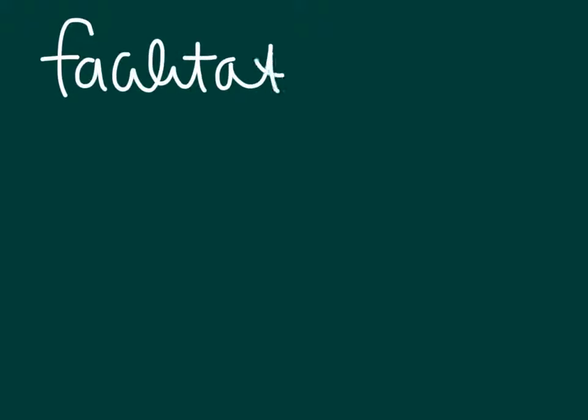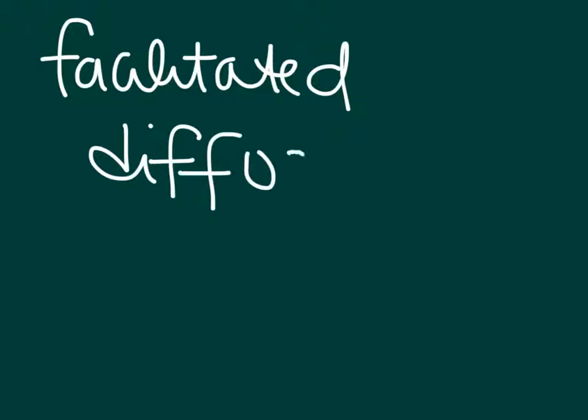Those act as a gate or channel to allow things to pass through the membrane, and we call it facilitated diffusion. Facilitated diffusion still moves down the concentration gradient, but it requires a gate or a passage.